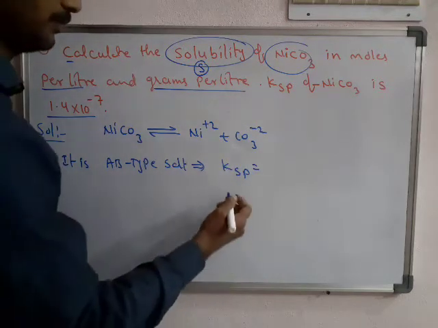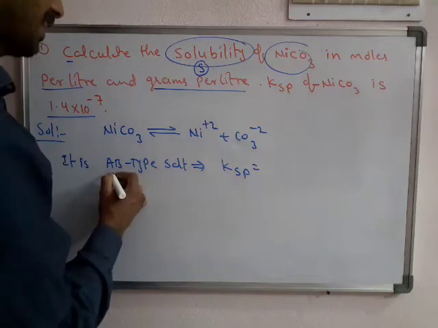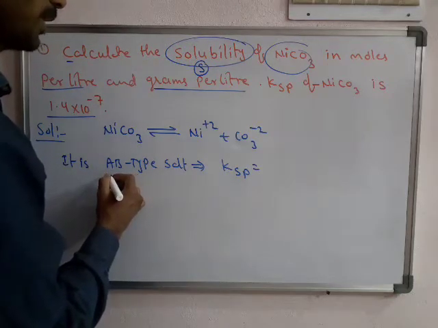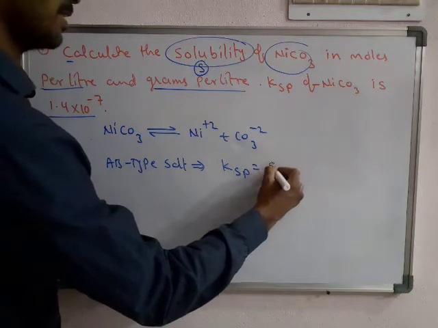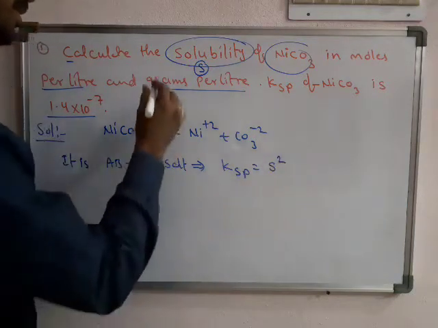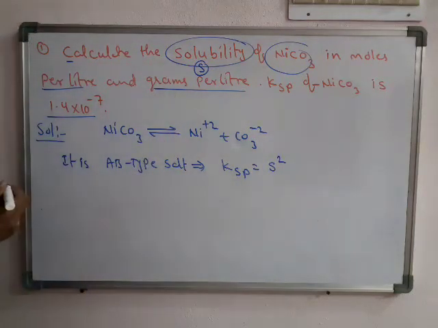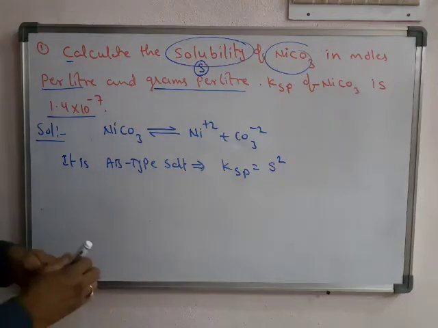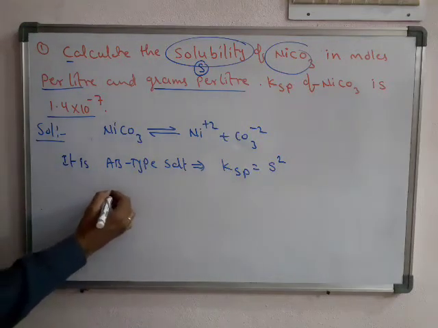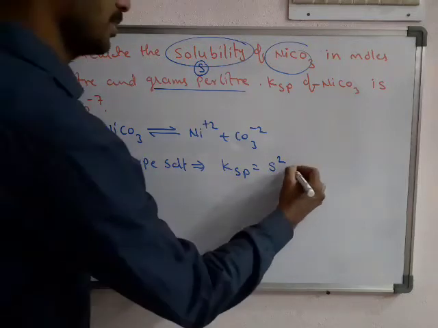For an AB type salt, we already know the formula: solubility product equals S into S, that is S squared. In this problem we have to find S, and S means nothing but solubility. So Ksp equals S squared.